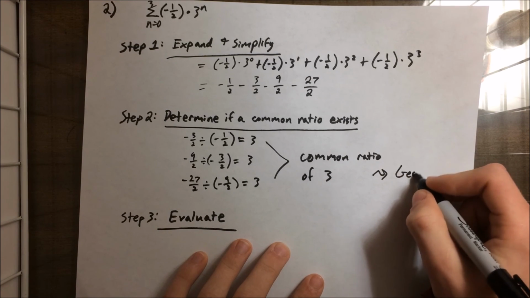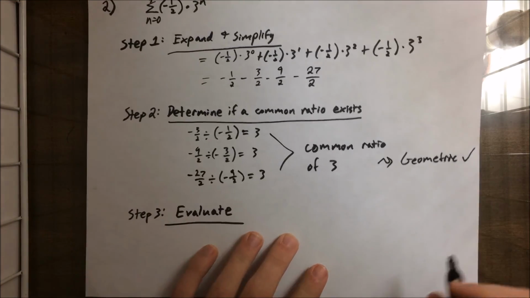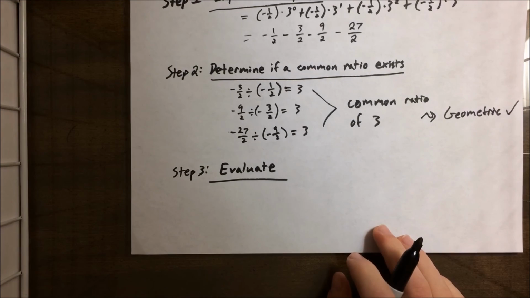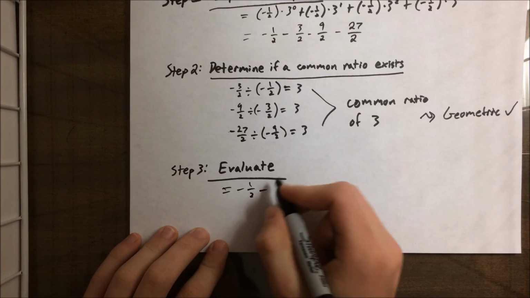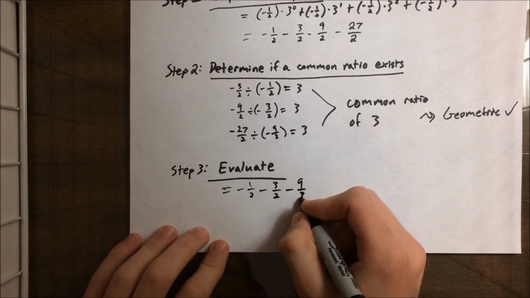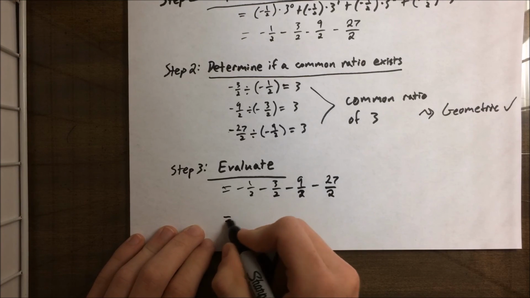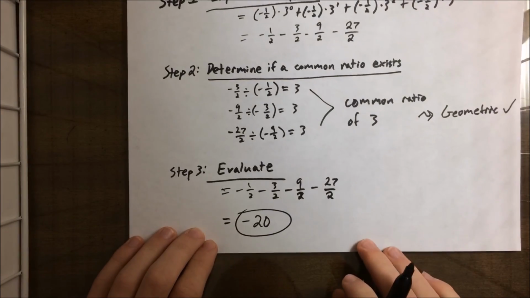Therefore, this sequence and series is geometric. So step 3 is to evaluate. So it's equal to -1/2 minus 3/2 minus 9/2 minus 27/2, and that is equal to -20. Okay, and now let's look at a couple examples of subscript notation.